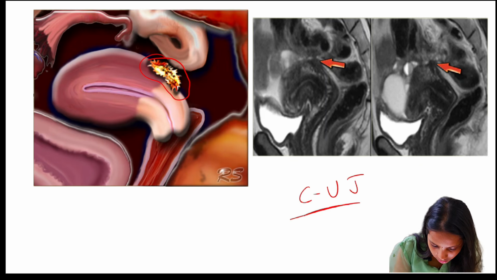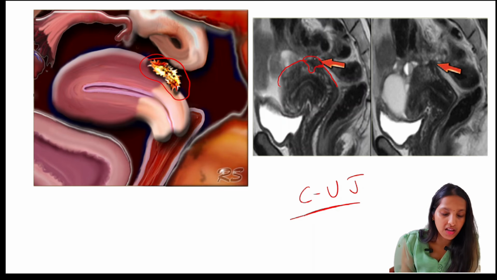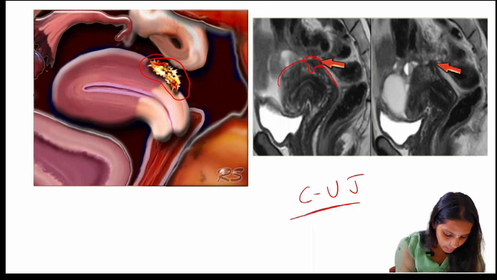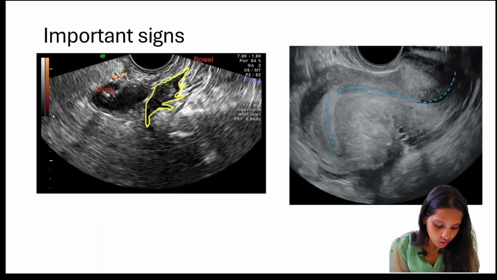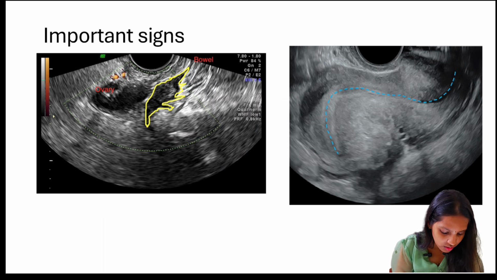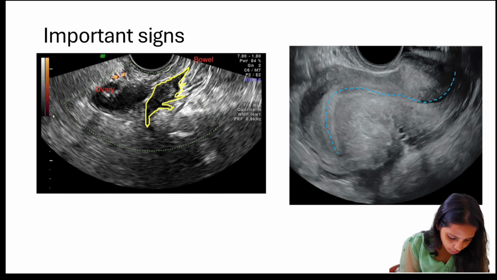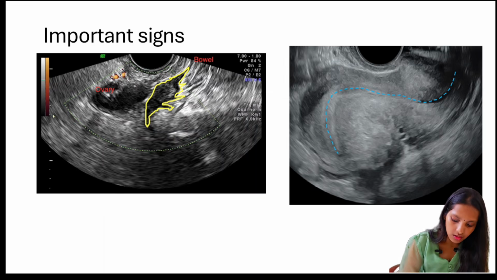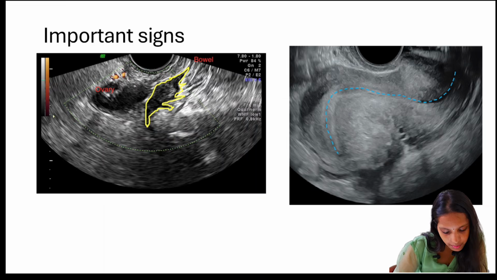This is the outline for the bladder, and this is the outline for the cervix. These two outlines are being intersected by a mass. That's the endometriotic deposit. And some of the common signs that we are generally asked about form the best markers or the soft markers for deep endometriosis.